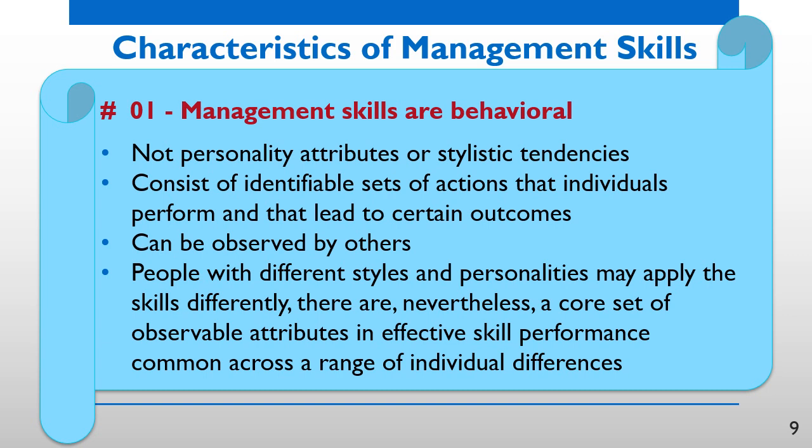So therefore, a core set of observable features or characteristics are there in effective skill performances, irrespective of the differences in our personalities. So it's common across a range of individual personalities.